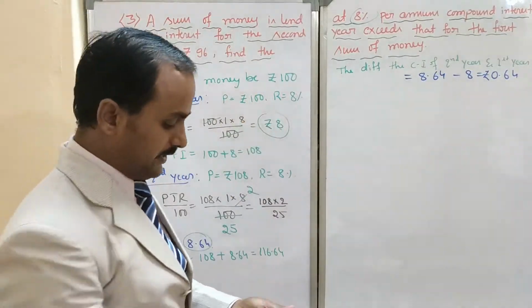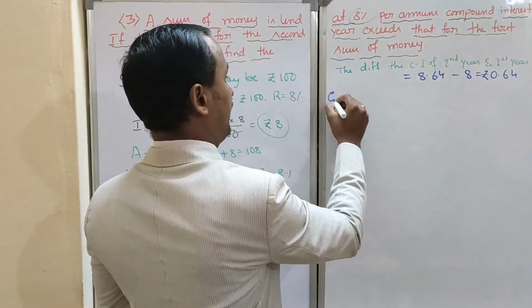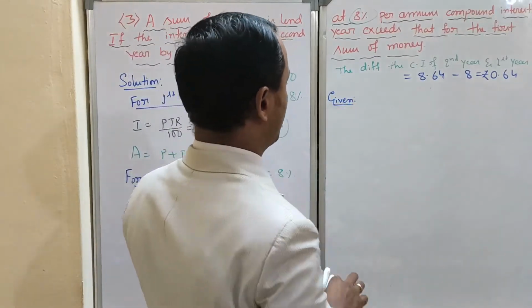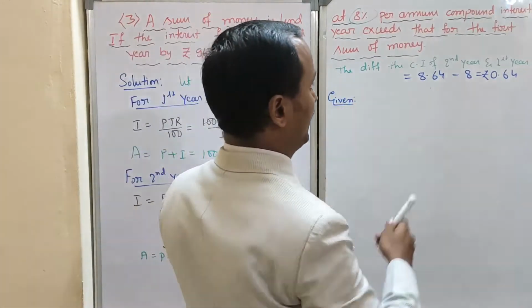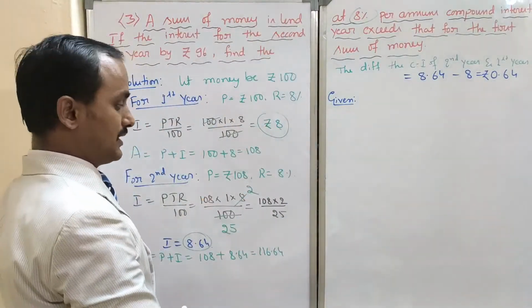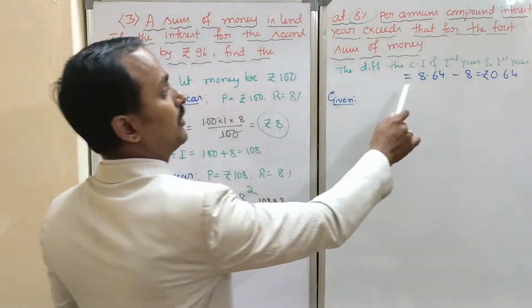Understand? But dear children, there is one more given data. What is the given data? I told you already, dear children. What is the given data here? So that one I will write. This one I wrote in the assumed money: the difference of compound interest of the second year and the first year, I wrote 0.64.